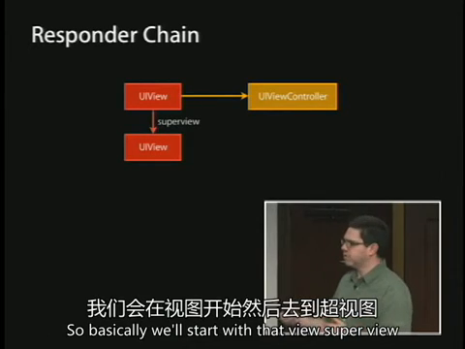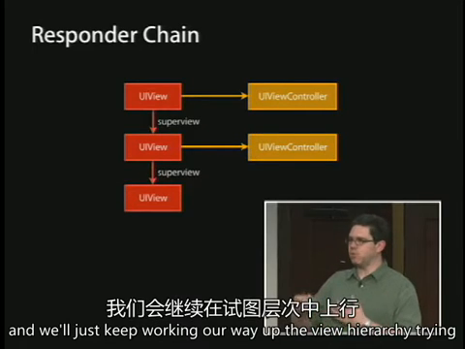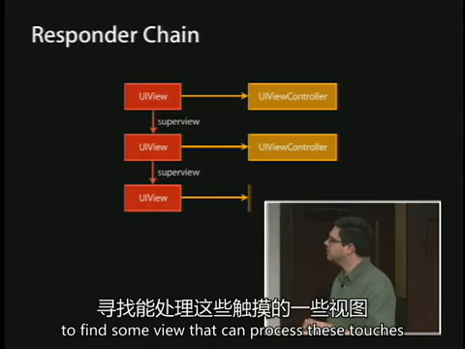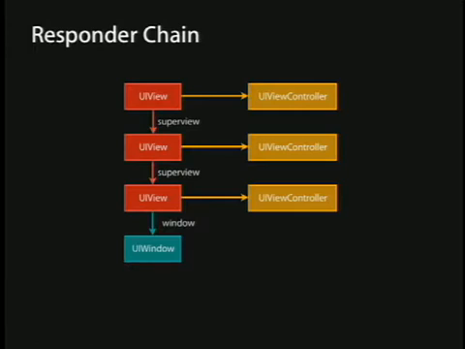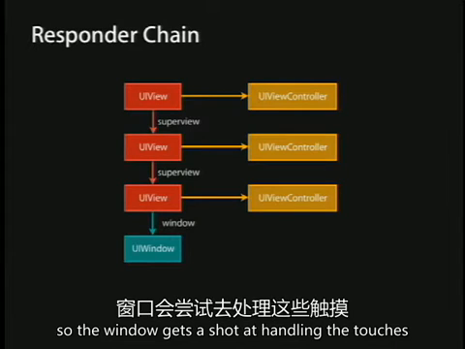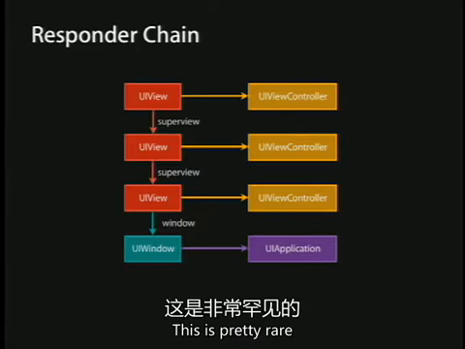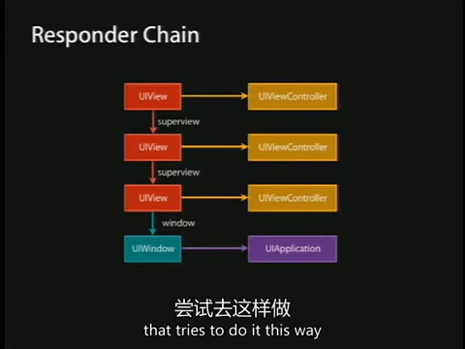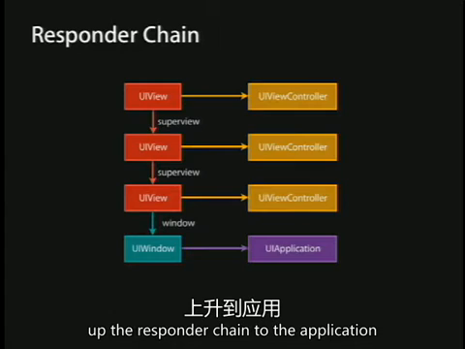So basically we'll start with that view's superview, we'll check its view controller, and we'll just keep working our way up the view hierarchy trying to find some view that can process these touches. Eventually we'll run out of views and we'll hit the window. So the window gets a shot at handling the touches. And if the window doesn't do it, finally the application gets to do it. This is pretty rare. I don't know that I've ever seen a real app that tries to do it this way, but for consistency's sake, it does actually flow all the way up the responder chain to the application.